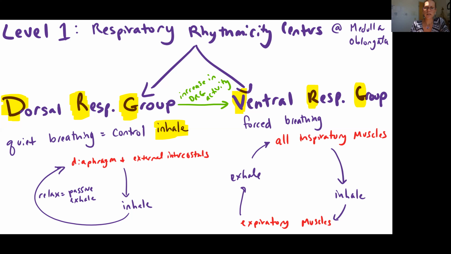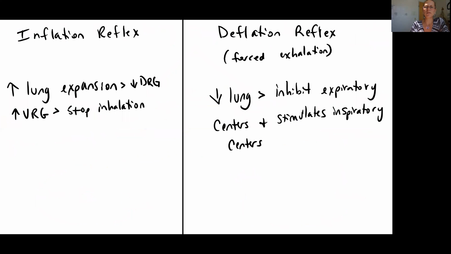The VRG can be coordinated by the deflation reflex. The inflation reflex is involved in your quiet inhales as well as your forced inhales. The deflation reflex is going to be part of your forced exhalation. In this case, as you're starting to compress the lung, you don't want to decrease or deflate the lung too much.